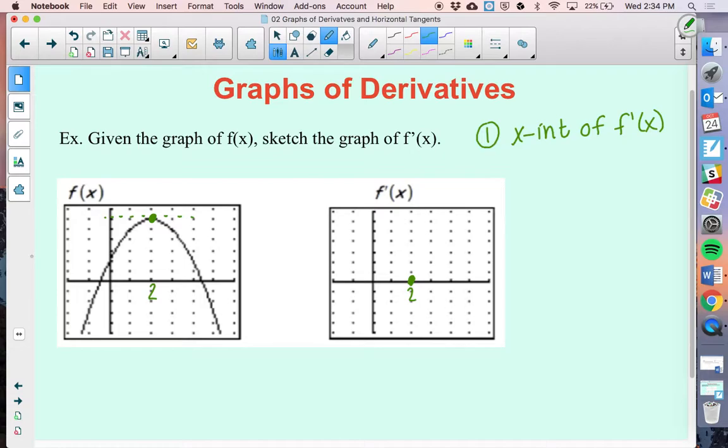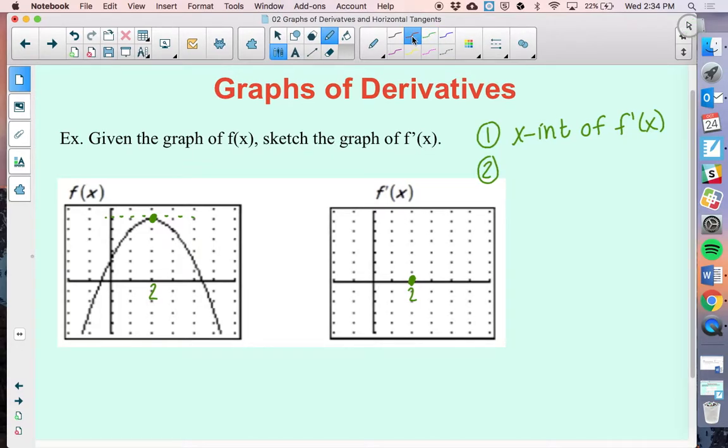Okay, next thing. Find out where the derivative is positive and negative. So plot above the x-axis for positive slope.